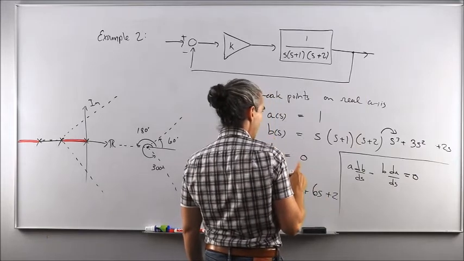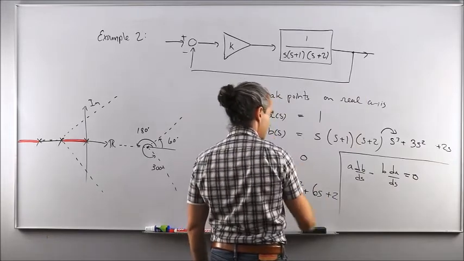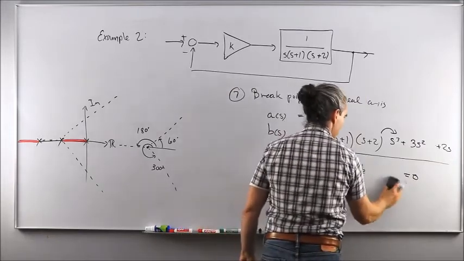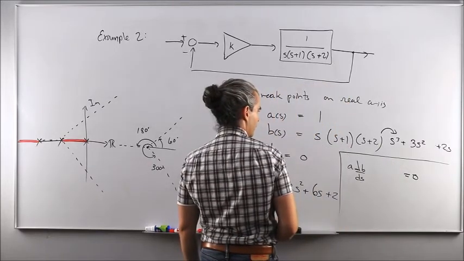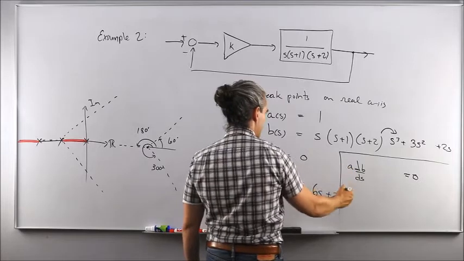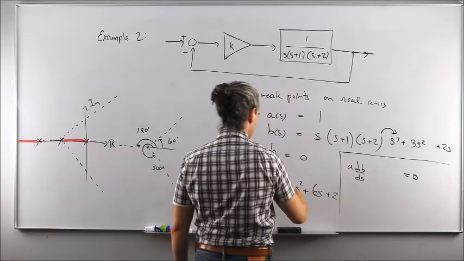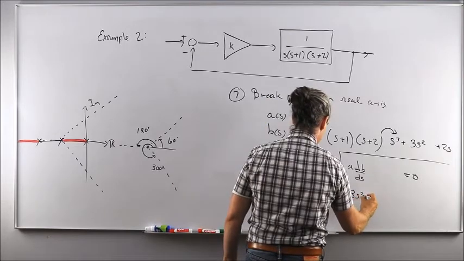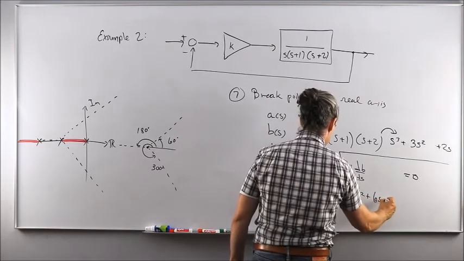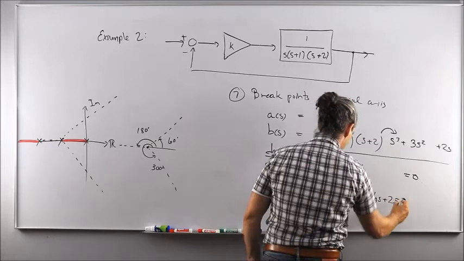Remember that? Turns out that my dA/ds is equal to 0, so I can remove that term right from the start. So I'm ending up with this dB/ds term, multiplied by 1, or just saying that 3s squared plus 6s plus 2 is equal to 0.